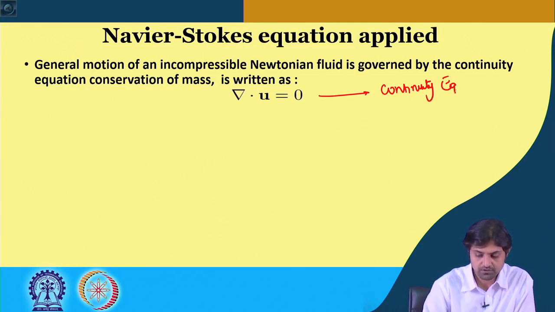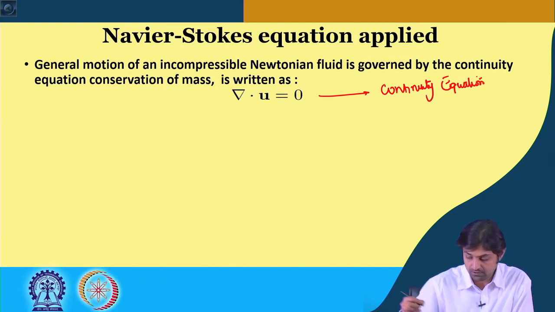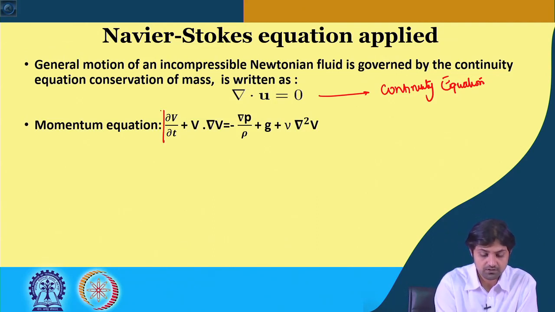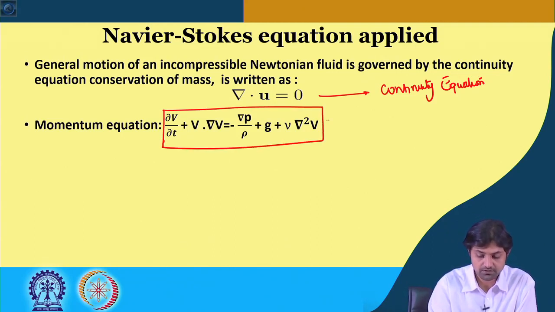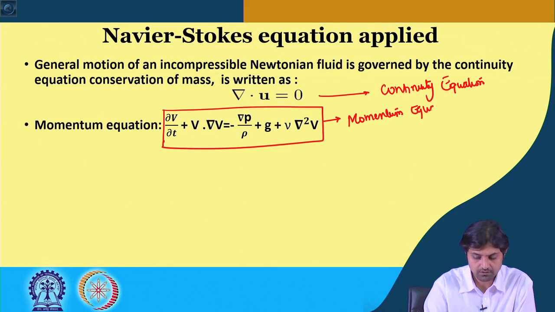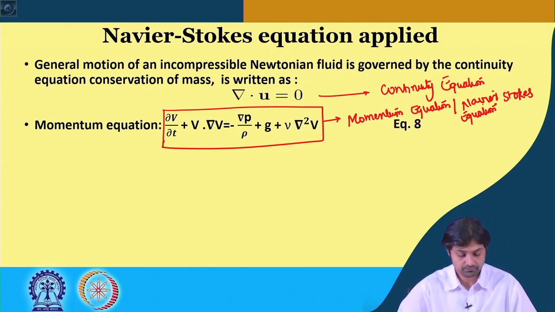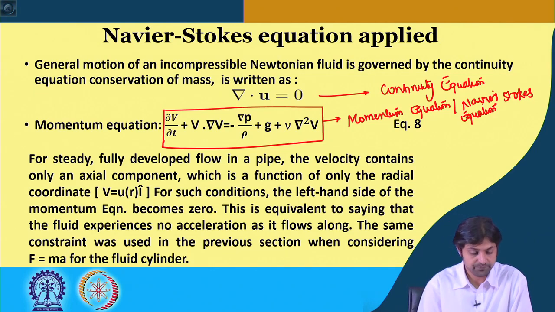This is continuity equation, whereas the momentum equation is written as this. Or Navier-Stokes equation. All right, and this is equation number 8.